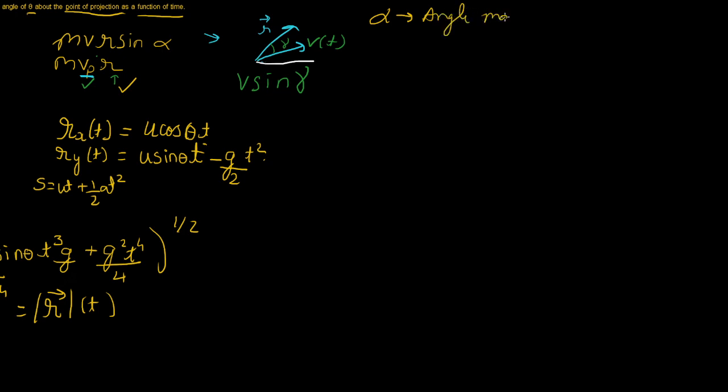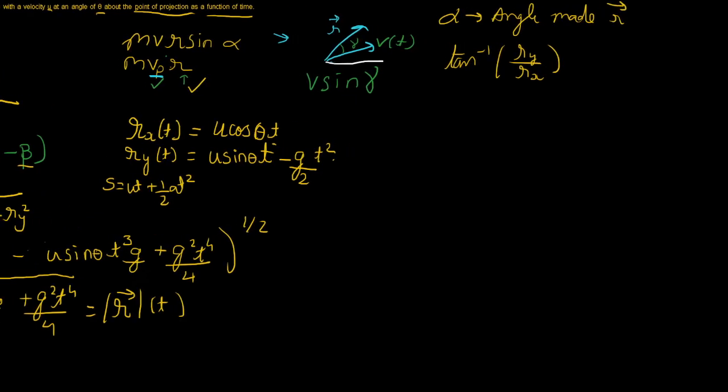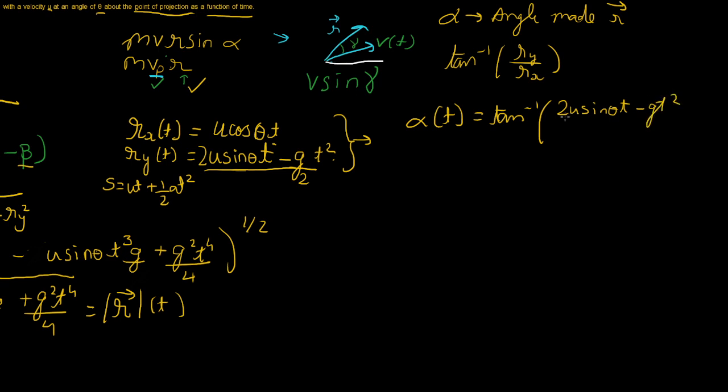If we resolve the position vector into components, it is tan inverse of ry by rx, and we have already derived rx and ry. So alpha as a function of time is tan inverse of, taking the LCM, 2u sine theta t minus gt square, over 2, this is ry, divided by rx, which is u cos theta t. So this is how alpha varies with time.